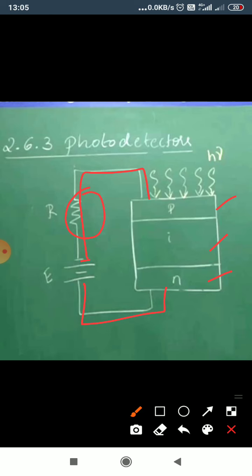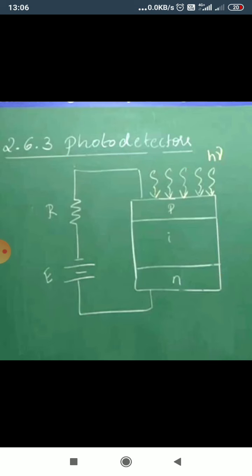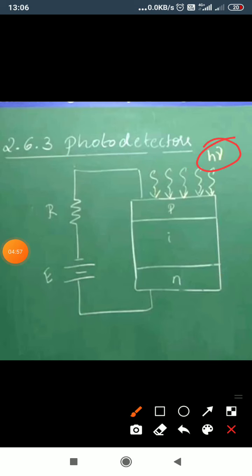The same circuit we have tilted here. As this is a photodiode, a light has to be incident on the particular region. So the construction is like this. When light of energy h nu, with Planck's constant and the wavelength of the particular light, falls on the P region, what happens, we have to see here.